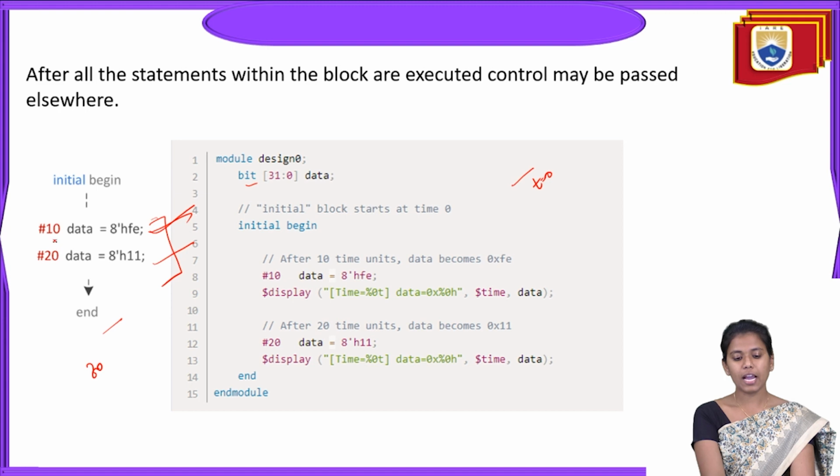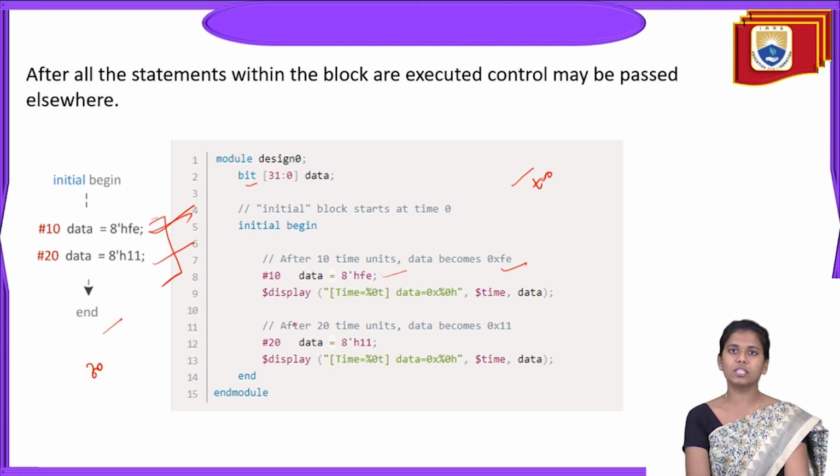After 10 nanoseconds, the data starts execution at 10. So after 10 time units, that means at 10 nanoseconds of time delay, the data flows as 8'hFE. That means with a delay of 10 nanoseconds, the data 8'hFE will go for execution.